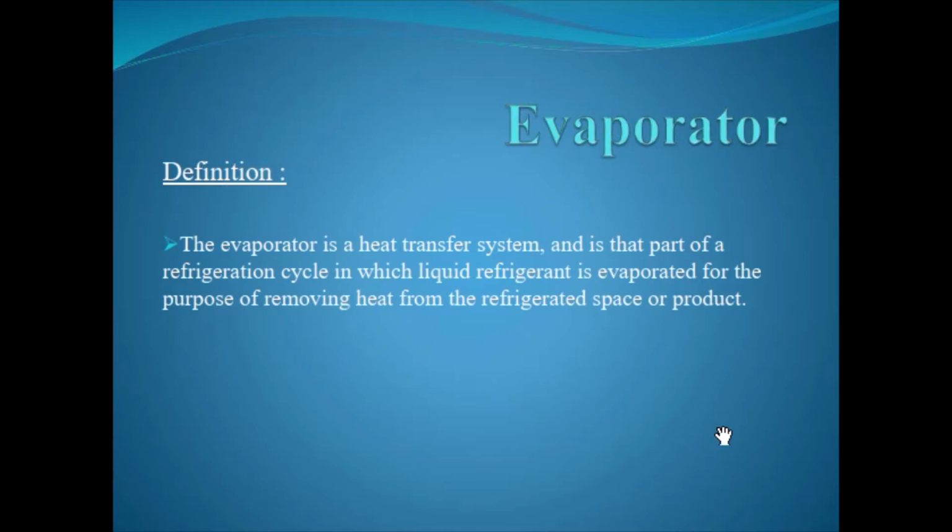So actually the principal concept of the evaporator is equal to another part in HVAC that we call the condenser, but it's like a reverse system from the condenser system.